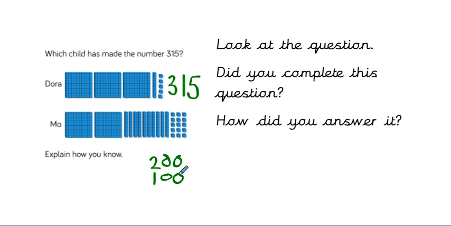And let's see how many ones there are. 5, 10, 15 ones. And if we add all those together, we should have 315 as well. So both Mo and Dora have made 315, but they've done it using different blocks.